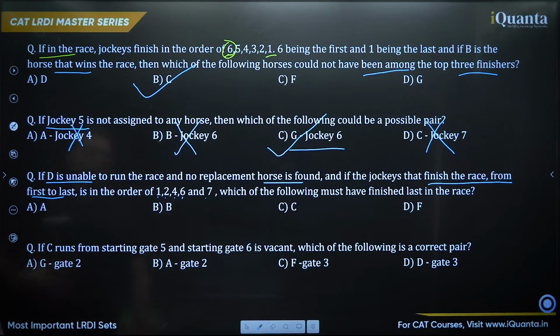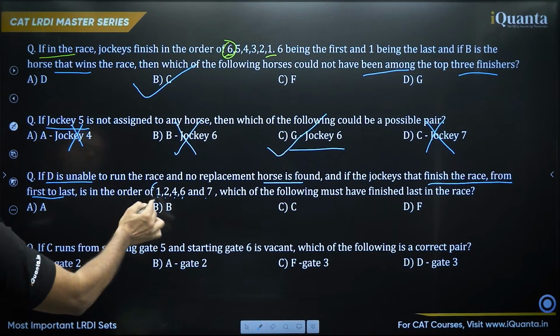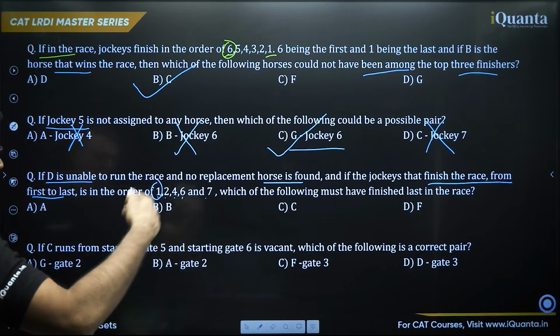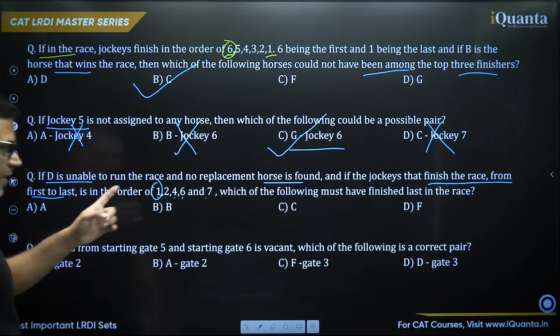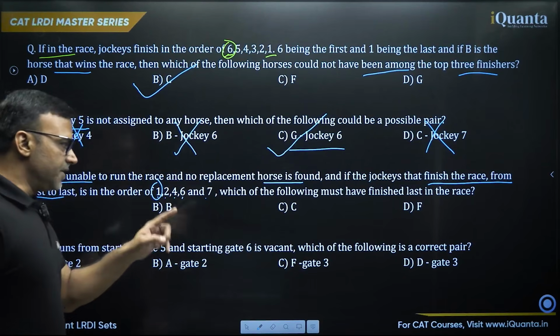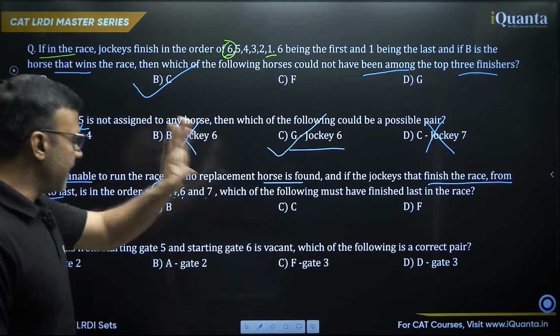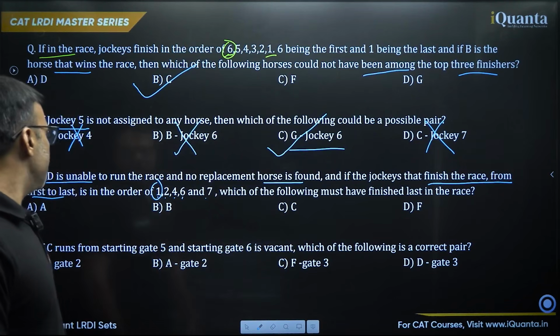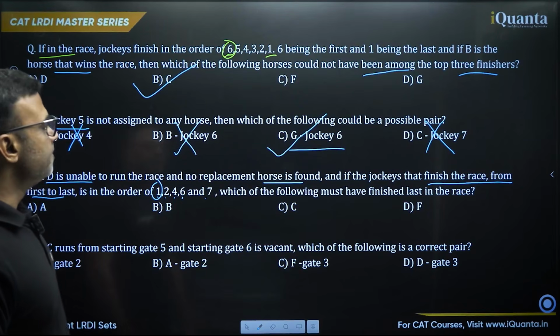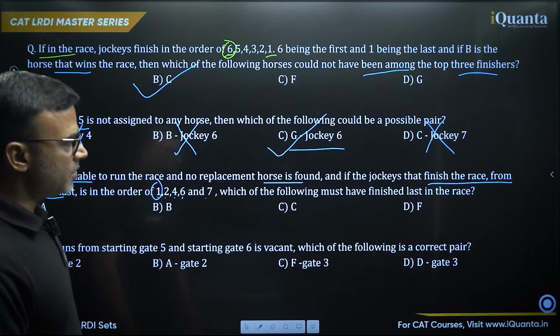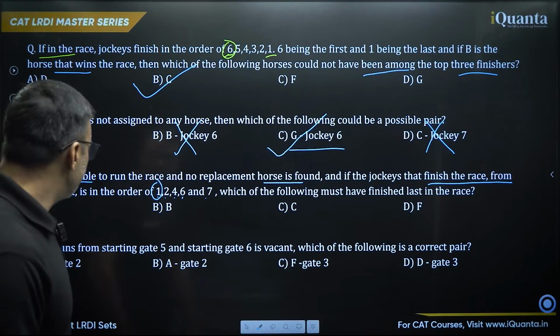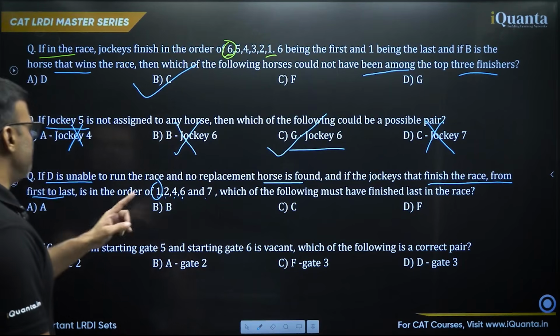The person who started from the first gate also came first, who started from the second gate came second, and so on.